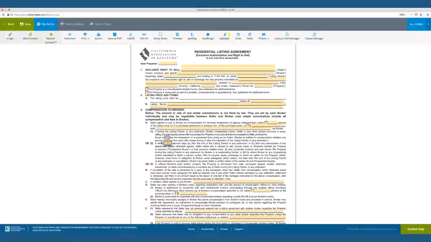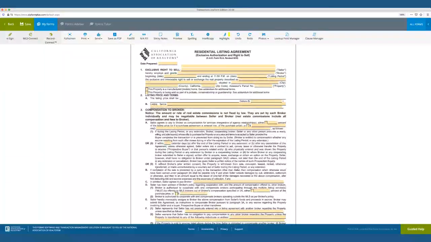Now, if somebody has written an offer on it but it wasn't accepted, you'll have their name, but you should be keeping track of who is looking at that property through the buyer's agent. Ask, what's your client's name? Write it down. Keep track of it, because you might need to give that name to the seller at the end of the period, because if within that period one of those people buys it, you're still owed that compensation. So that's really important.